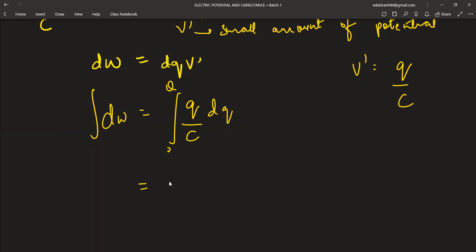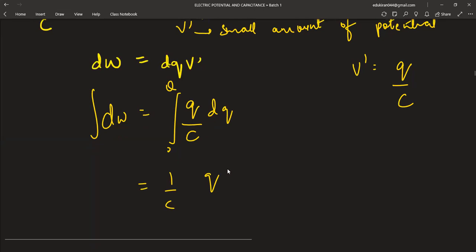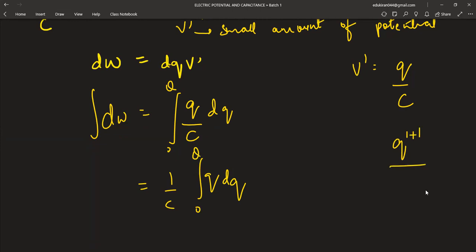Now see, from here 1 by C is common. We have to integrate Q dq from 0 to capital Q. So this is like Q to the power 1. We add 1 to the power, divided by 1 plus 1. So what we get is Q square by 2.